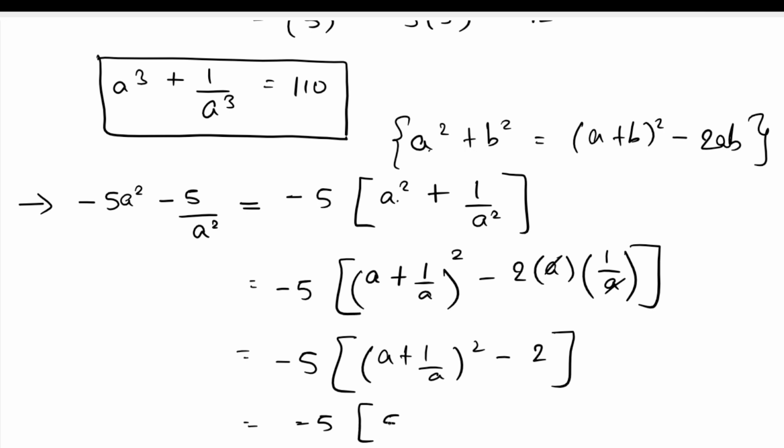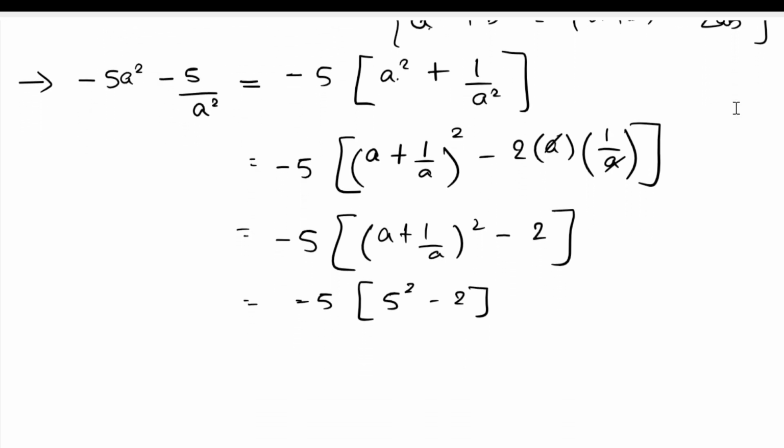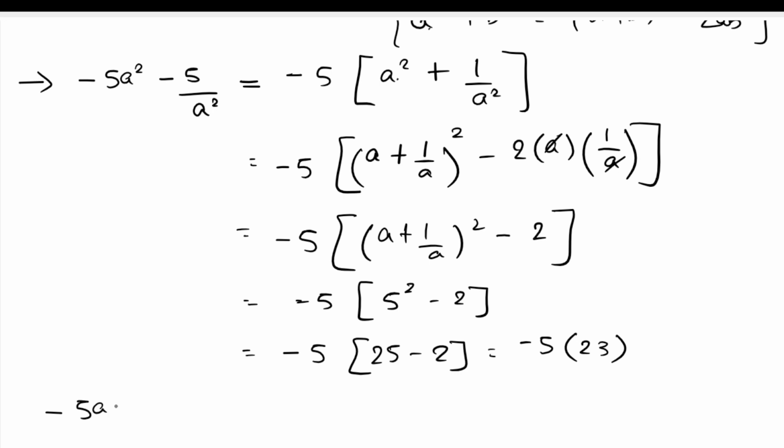So here this will be 5 square minus 2, which is equal to minus 5 into 5 square is 25 minus 2. So minus 5 into 25 minus 2 is 23. Therefore, the value of minus 5a square minus 5 divided by a square is equal to minus 115.